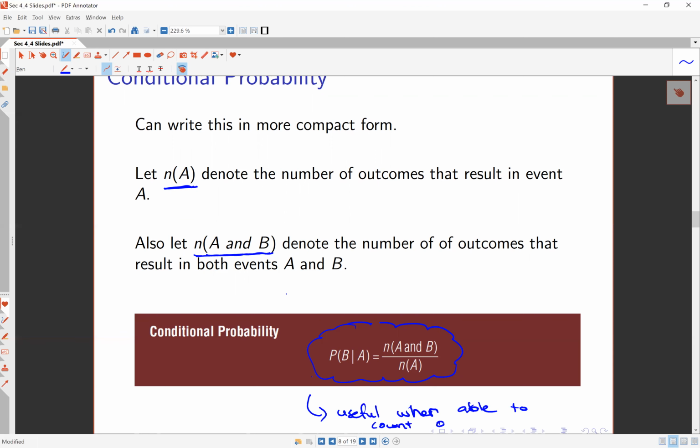We'll see in a minute, we don't always have the ability to count outcomes. And also, the outcomes are all equally likely.